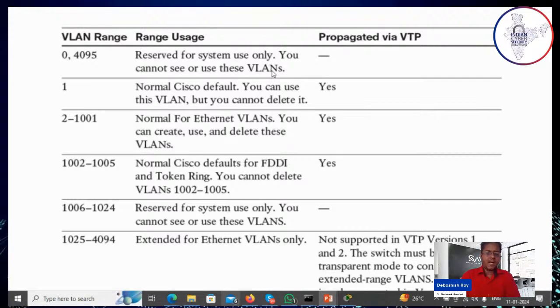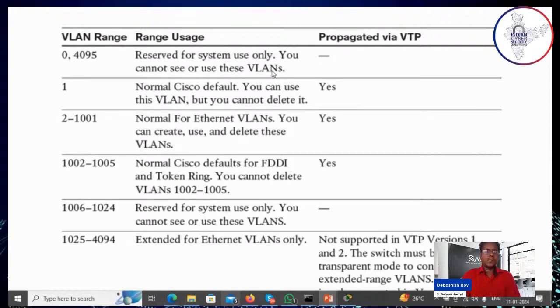Now, that VLAN identifier is a 12-bit long number. So that is why you can get 2 to the power 12 VLANs. VLAN 0 and 4095 are reserved for system use, and we cannot see or use these VLANs.